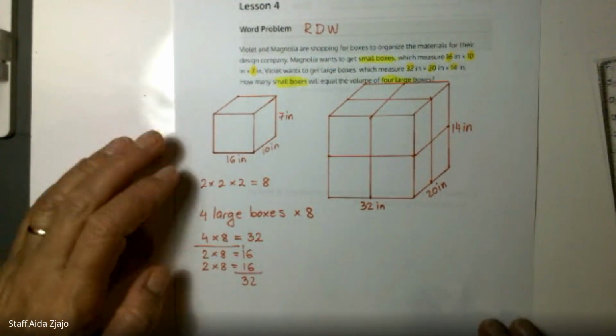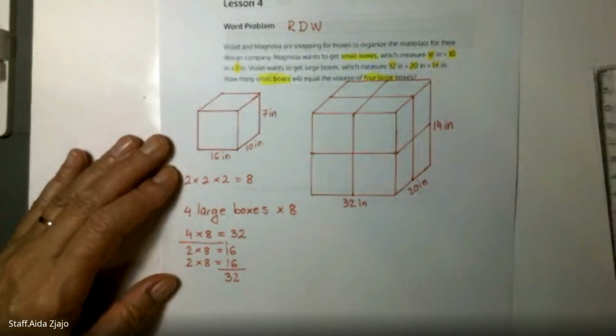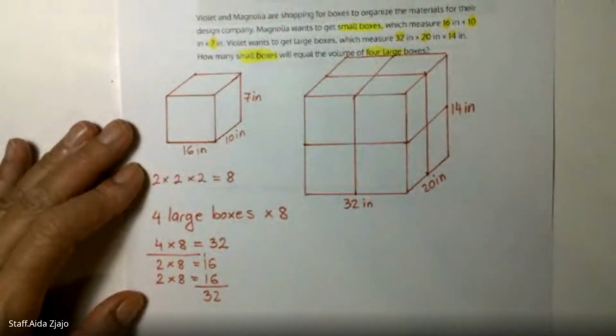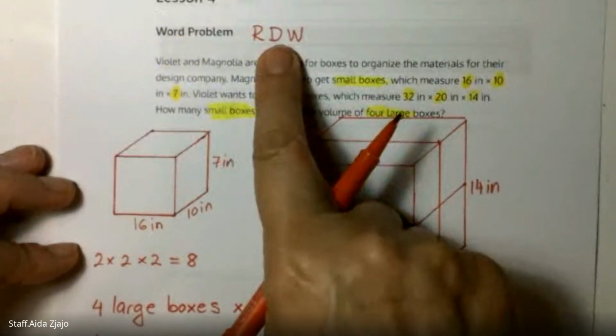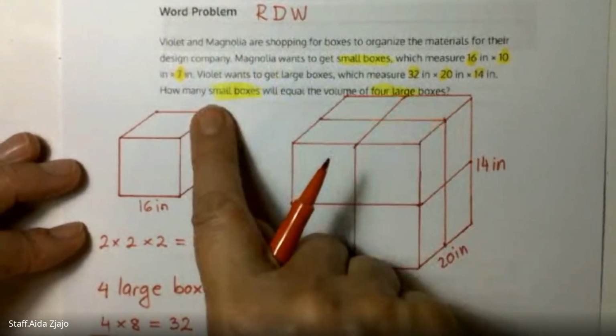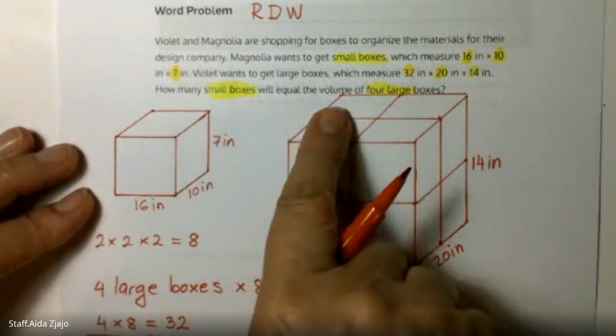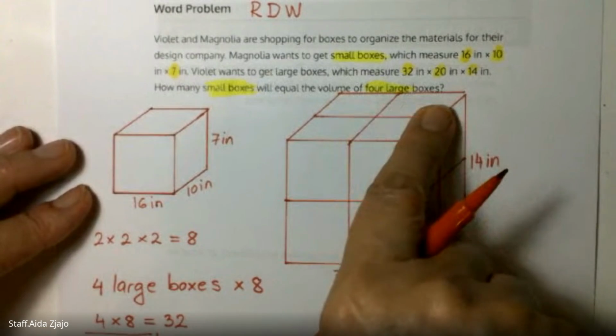And now our job is to answer our question in writing, because we read, we draw, and we write. How many smaller boxes will equal the volume of 4 large boxes?